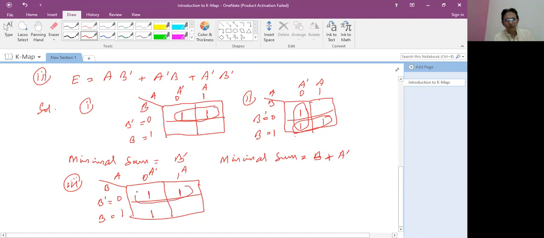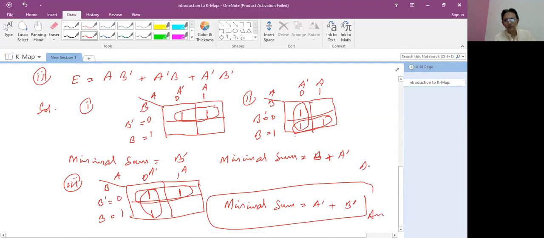So it has 2 loops. So the minimal sum of the given Boolean expression is A complement, which is common in both, and B complement. So this is called the minimal sum, student.